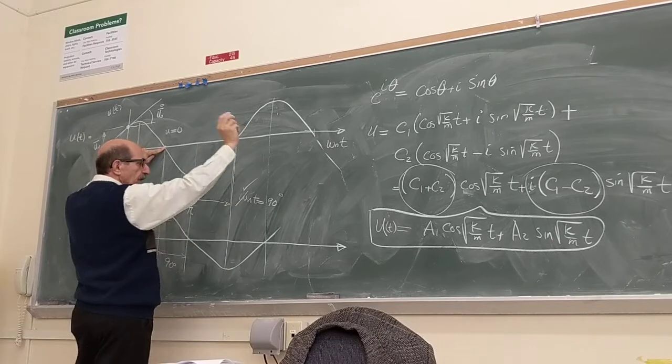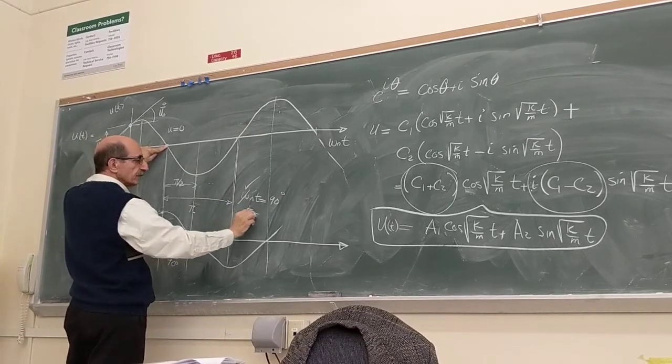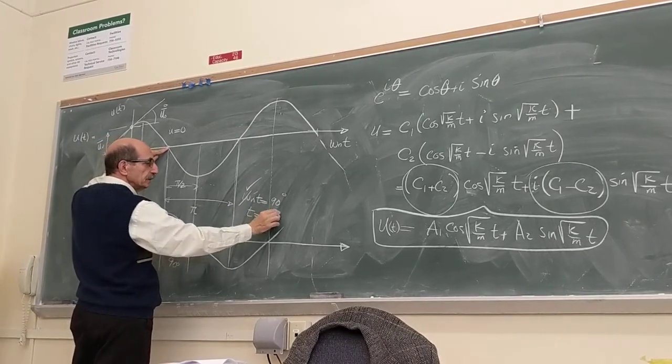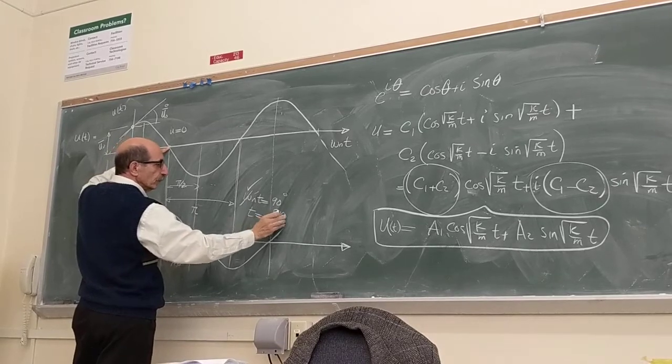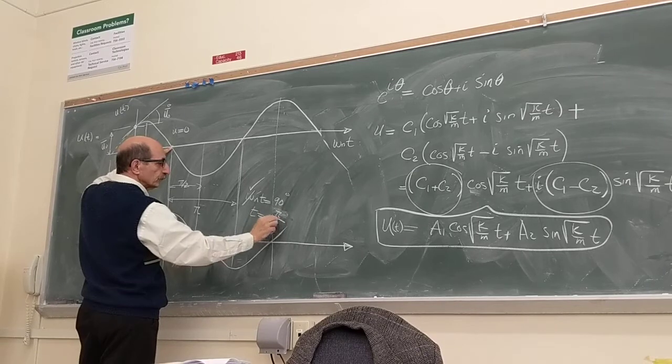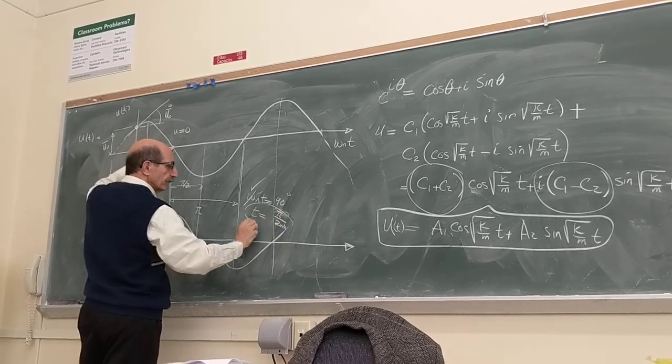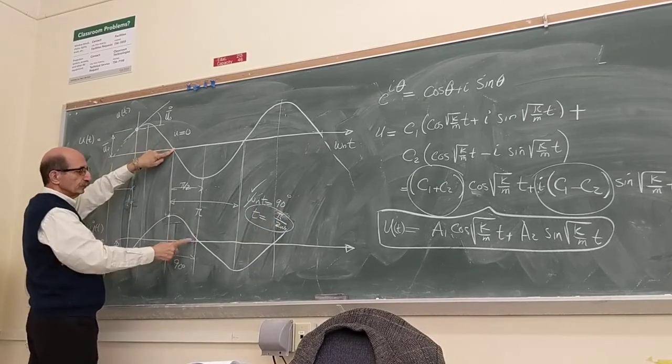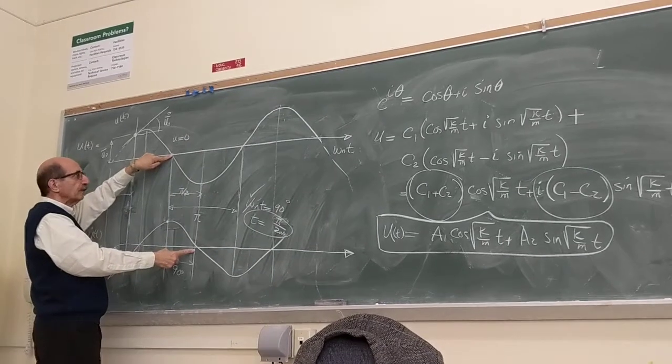And of course, you can find that. So it takes a value of time of 90 degrees, or pi over 2, maybe I will write it as pi over 2 omega n, okay, to reach a 0 value.